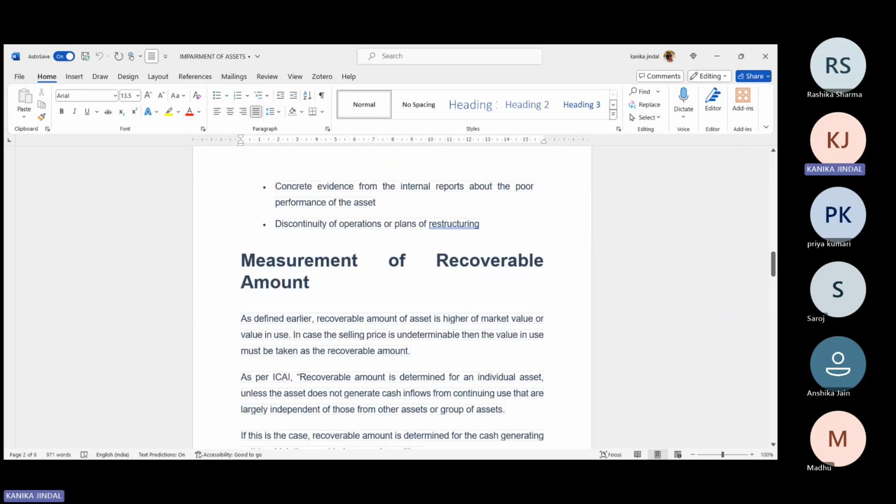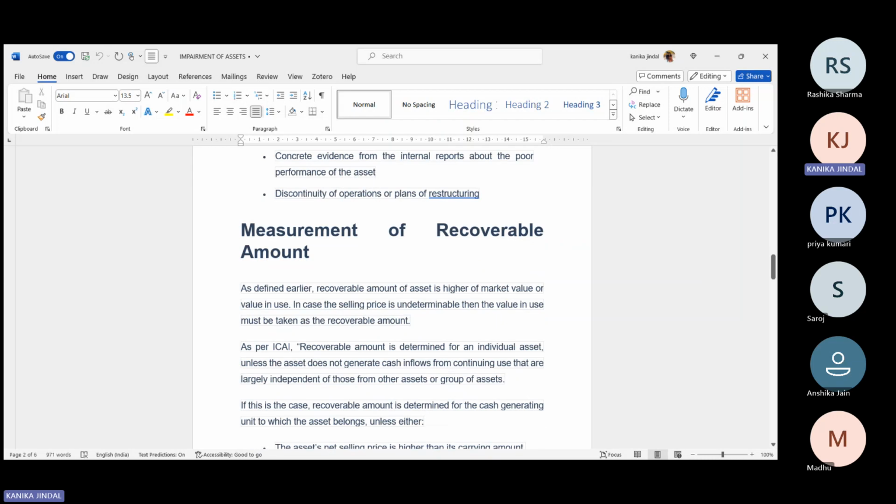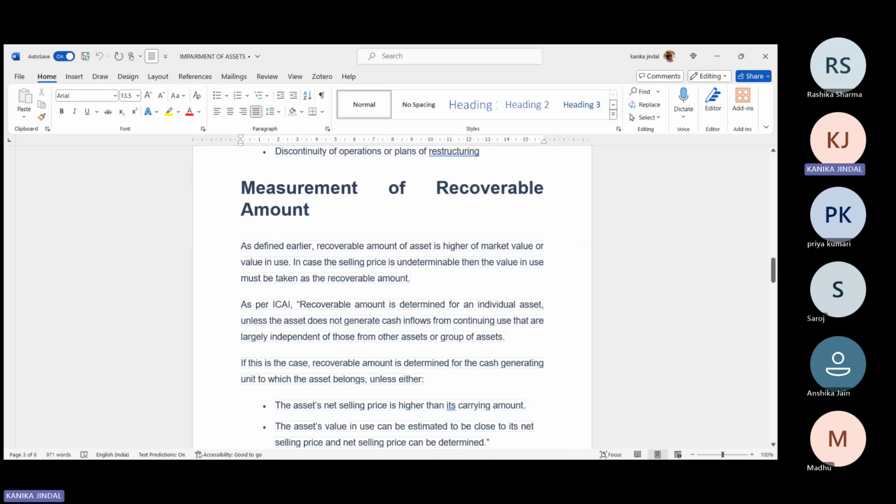Next, we have measurement of recoverable amount. As defined earlier, recoverable amount of an asset is the higher of market value or value in use. It is the higher of the two. In case the selling price is undeterminable, then the value in use must be taken.